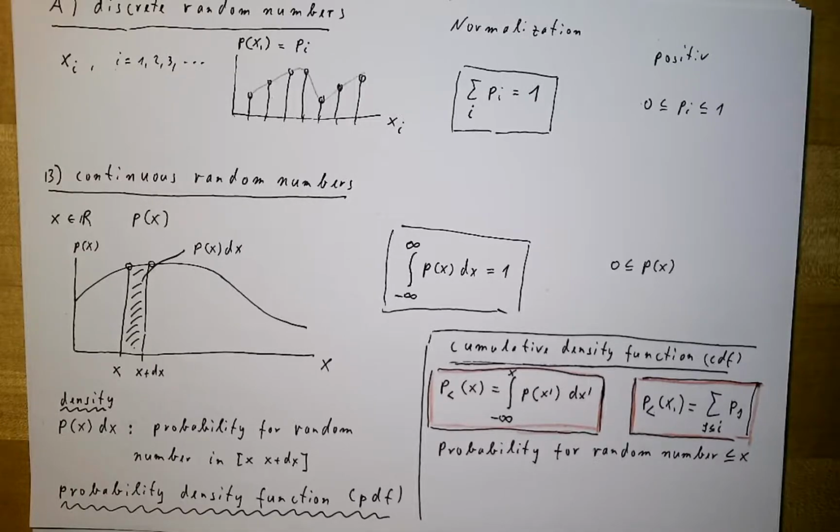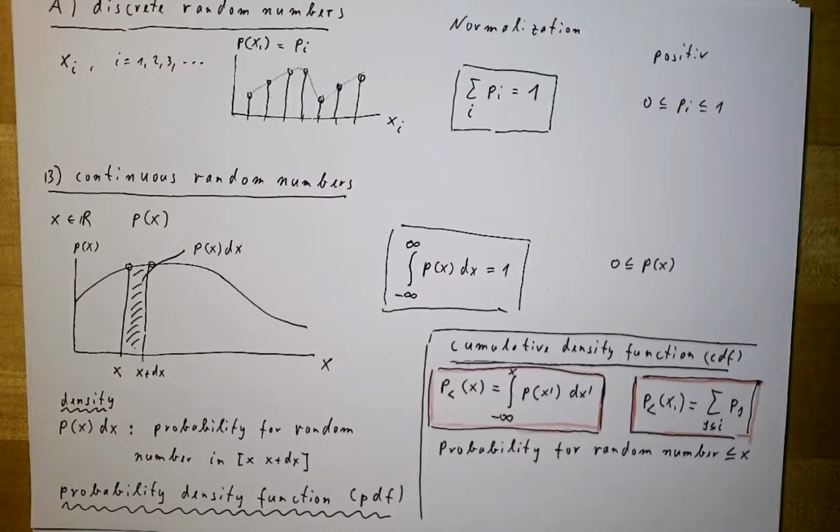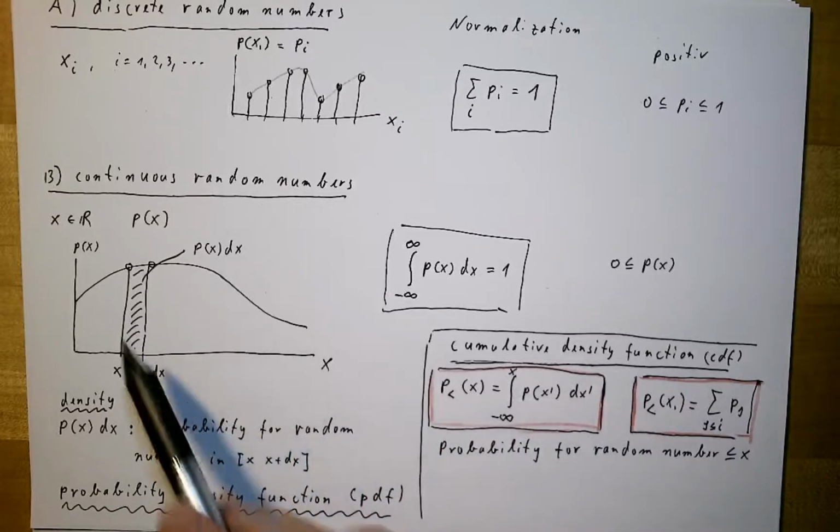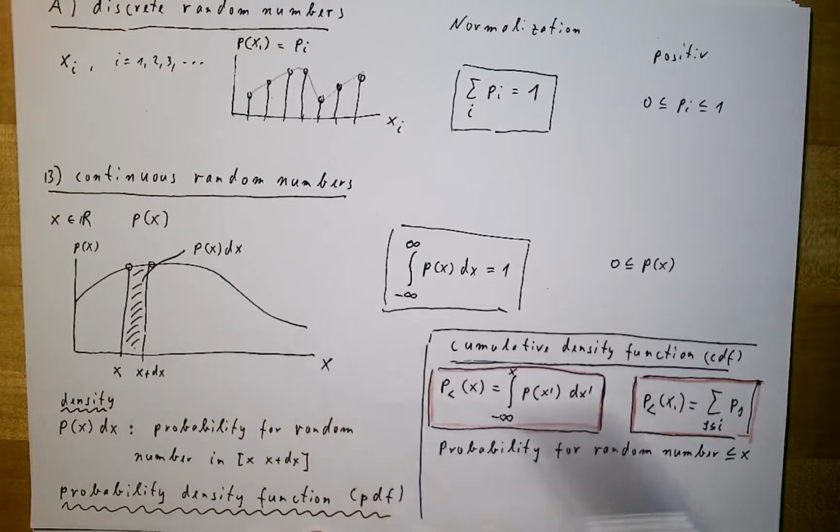This means that depending on what kind of literature you're reading, when people speak just about the probability, they might mean the PDF or they might mean the CDF, depending on which background they're coming from.